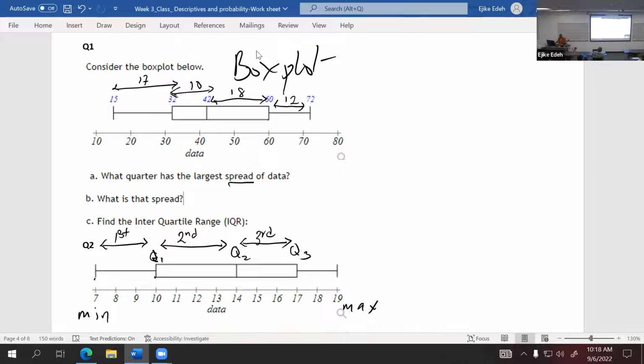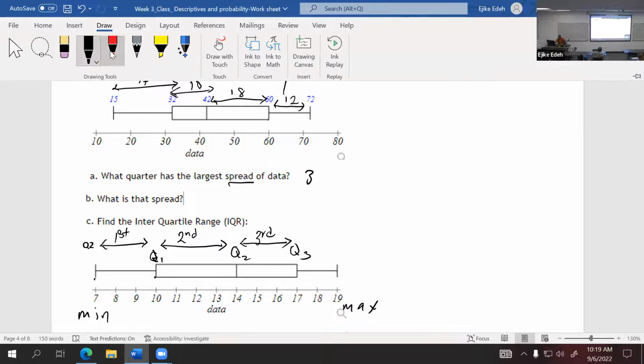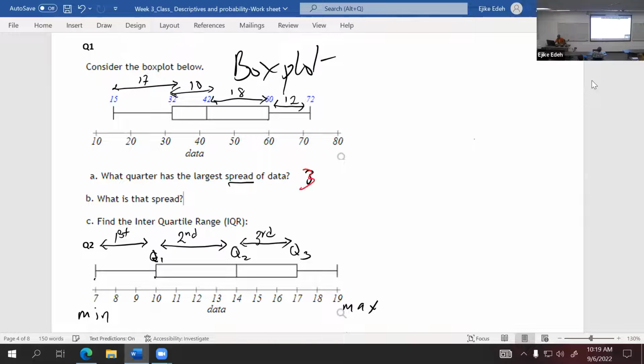So we are going to say here the third quartile has the biggest spread. Let me use red. The third quartile will be better. Now, what is that spread? We just found that it's 18.